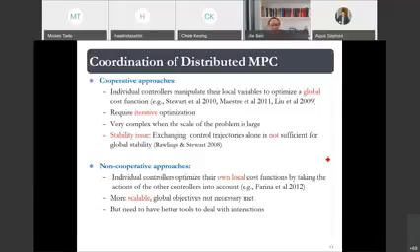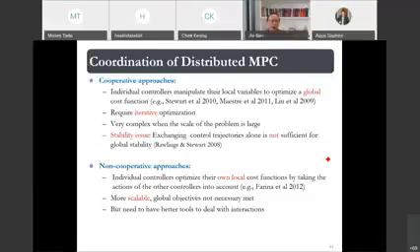And this approach obviously requires iterative optimizations and can be very complex when the scale of the problem gets large, because all these individual model predictive controllers, MPCs, have to transmit their planned control actions, and based on the transmission, they redo the optimization, and they have to do it iteratively until they reach a certain agreement.